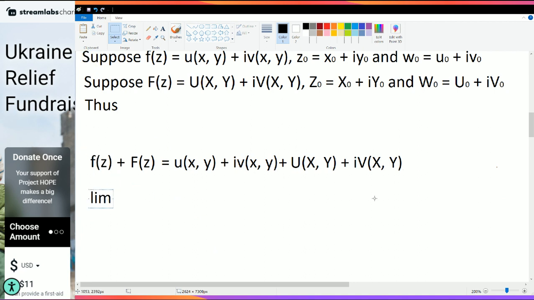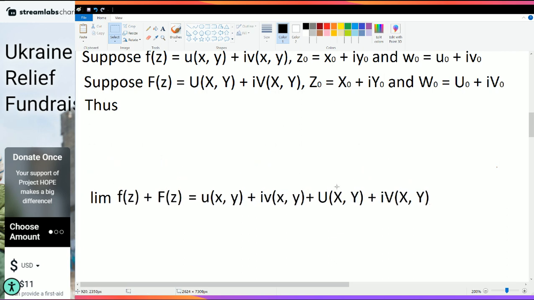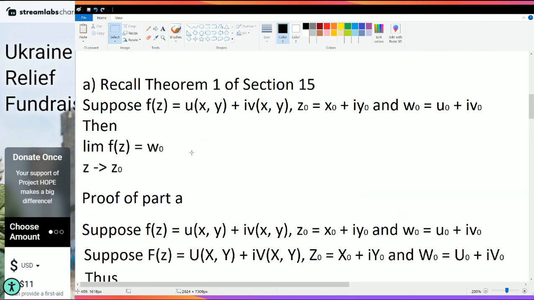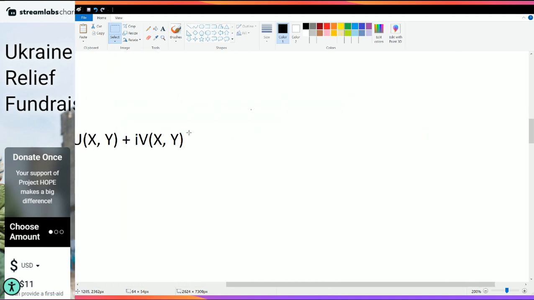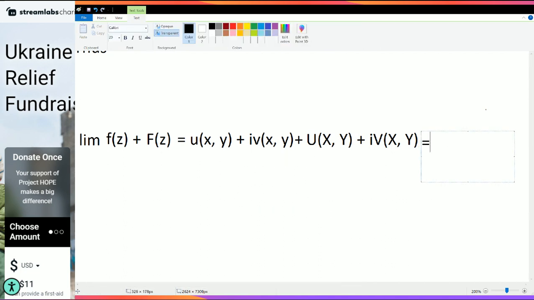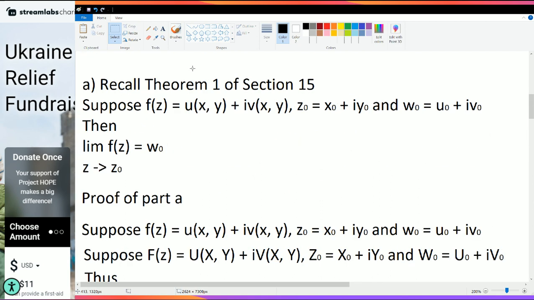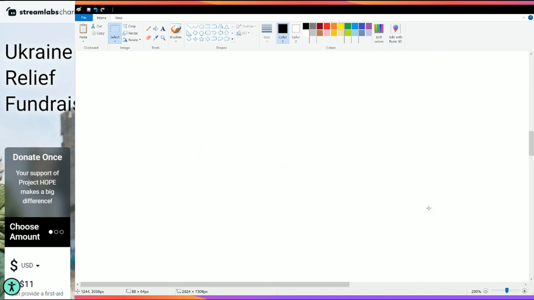But we're going to have a limit here. And we are also going to have a limit here.